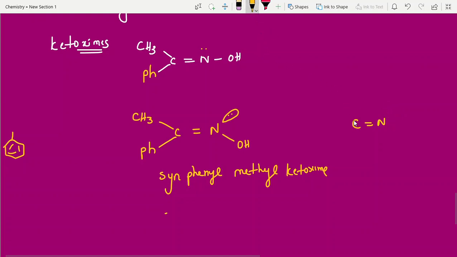This is CH3 group. This is phenyl group. I am changing this one. Here I am writing OH group. Here I am writing lone pair. Now, with respect to this lone pair, who is present here? Phenyl group. This is what we call anti. This is exactly anti-methyl, syn-phenyl. Anti-phenyl.